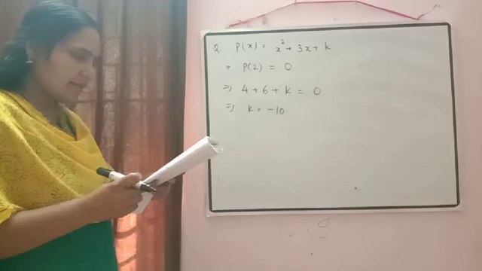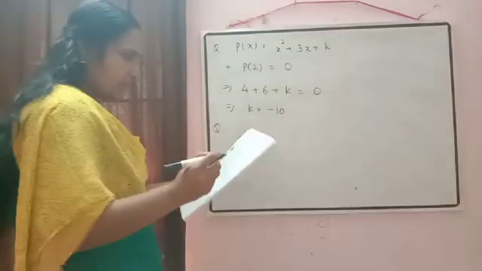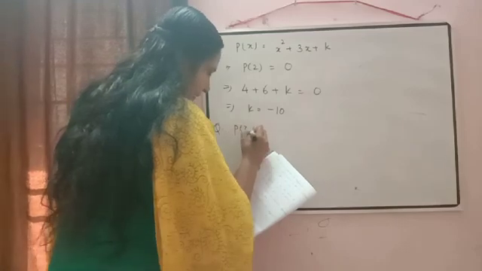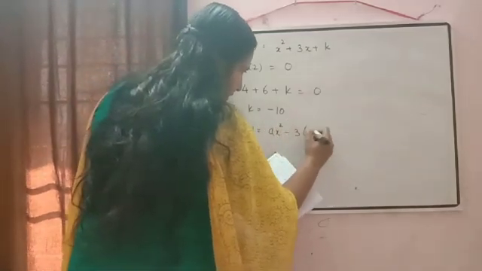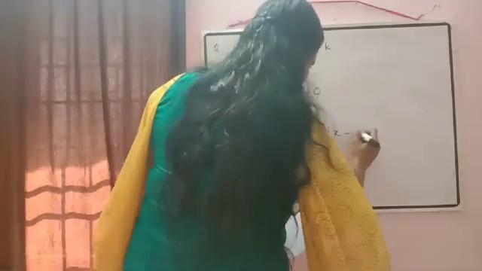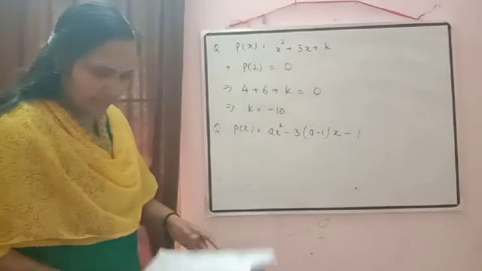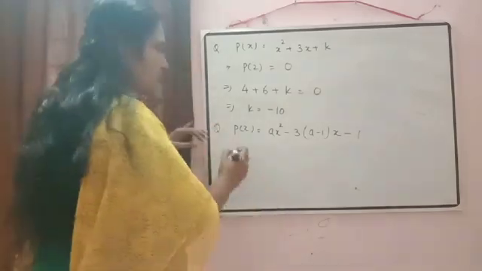Okay. Then the next one, it is given, if 1 is a zero of the polynomial p of x is equal to ax square minus 3 into a minus 1 into x minus 1, then find a. It is given 1 is a zero of the polynomial. So again what will come?